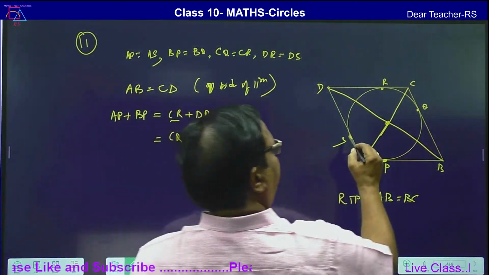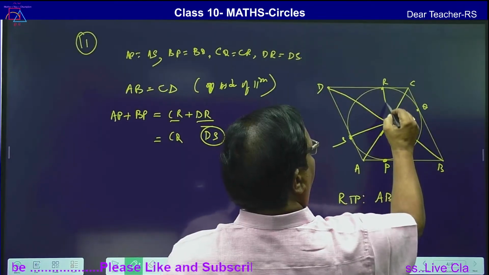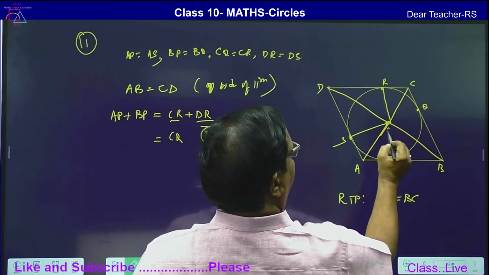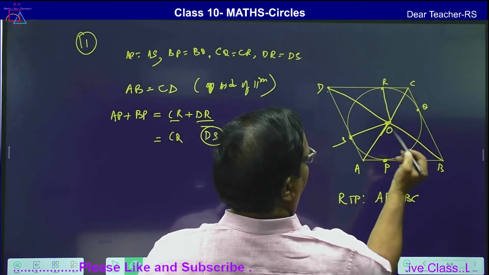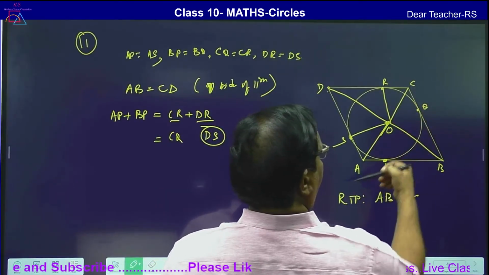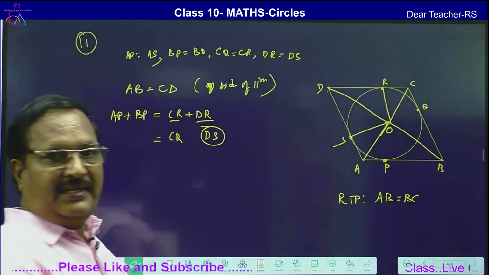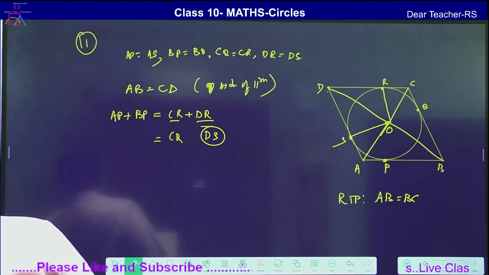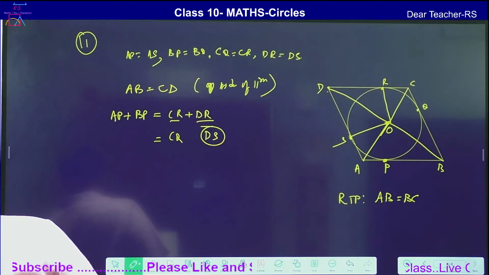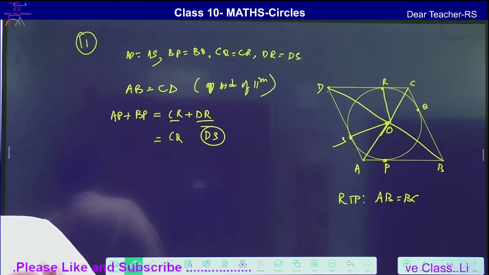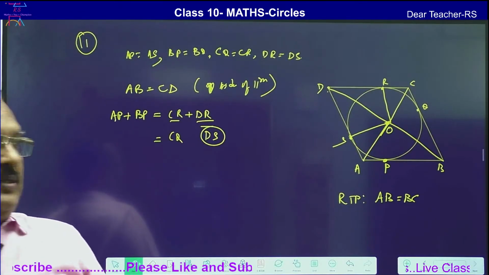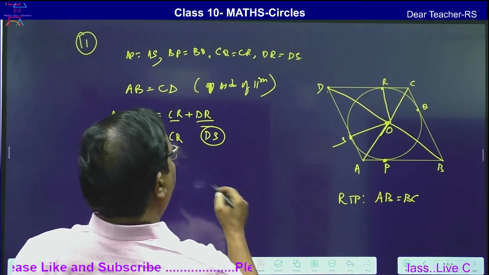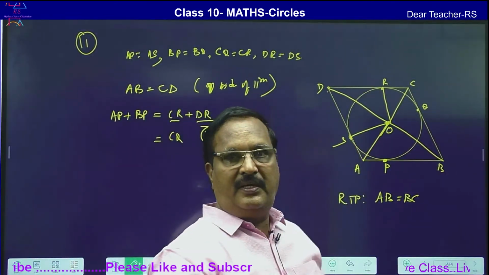So then OD is equal to OB, OA is equal to OC, like AC is equal to, like that you can prove it. So let us use that way also, let us use that way.